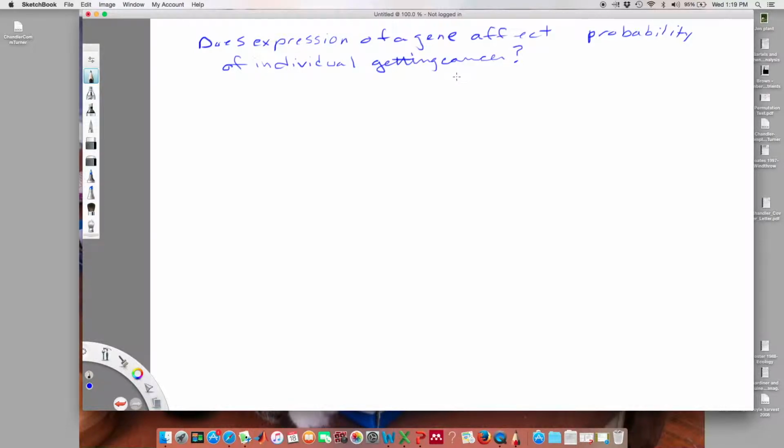All right, so what are our variables in this? Well, our x variable, our independent variable, is continuous, and that is our level of gene expression. And our nominal dependent variable would be what? Got cancer or didn't get cancer? So cancer or no cancer.